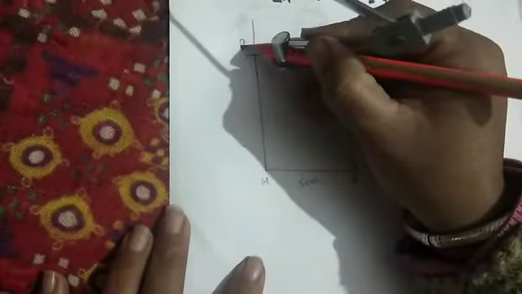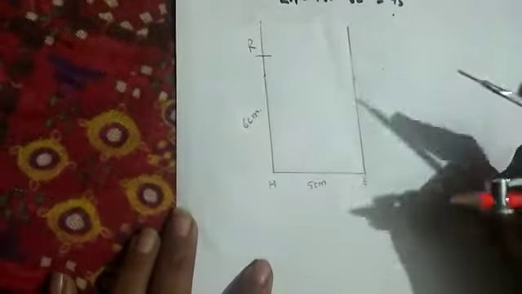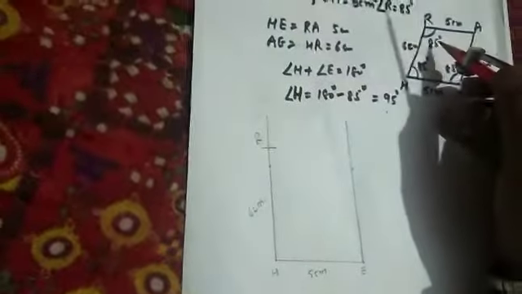Now HR 6 centimeter and AE also 6 centimeter. So we'll open our compass till 6 centimeter. This is 6 centimeter. Now at point R we'll draw an angle of 85 degree.